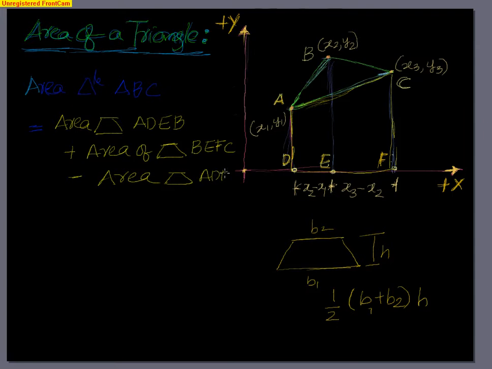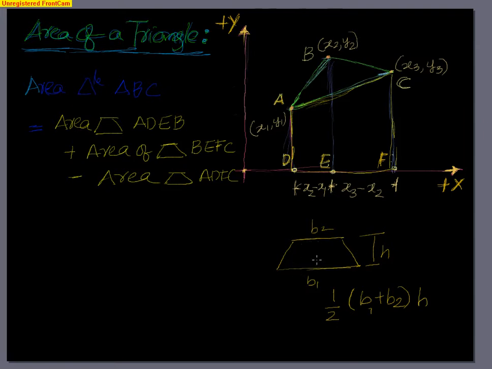See here, we have to find out the area of the triangle ABC. To find it, I am leveraging the information I have on how to find the area of a trapezoid. A trapezoid is a quadrilateral where one pair of sides is parallel and the other pair is non-parallel.